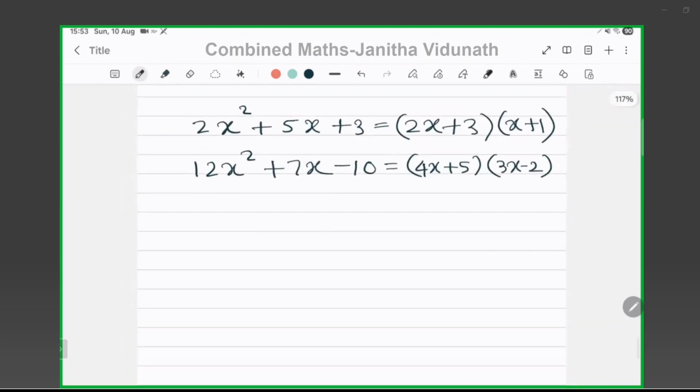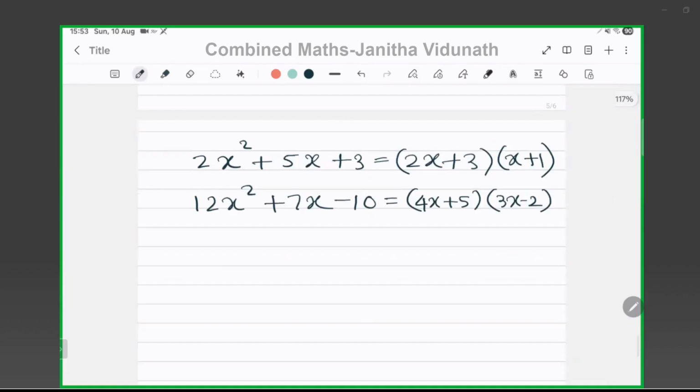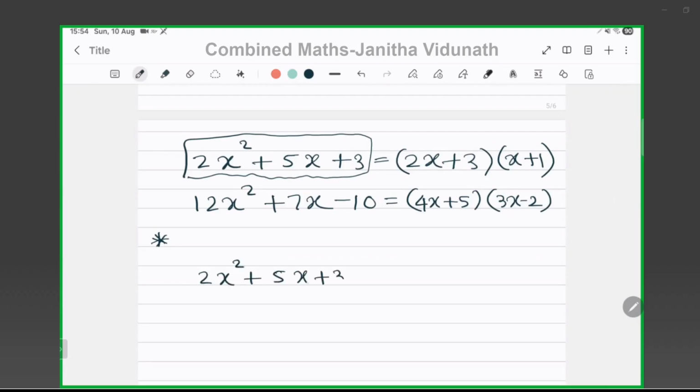Okay. For this, I also have a short trick. I think you have never seen or heard this trick. What we need to do is first we write this, then in a rough paper or a separate paper, we do the following.